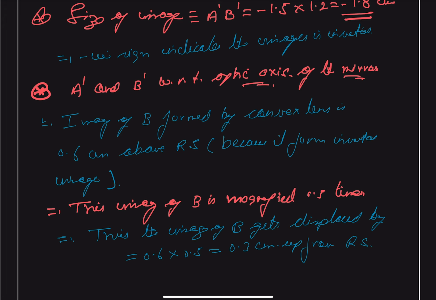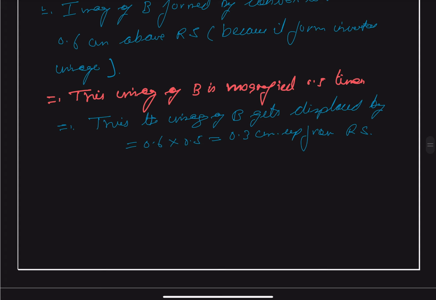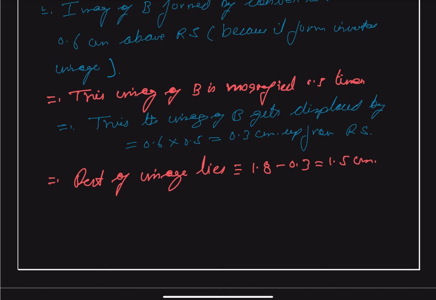So therefore, we can find out now the distance. So it means that the rest of the image lies, this is 1.8 because the shift is 0.3, so this gives us 1.5 centimeter from RS.